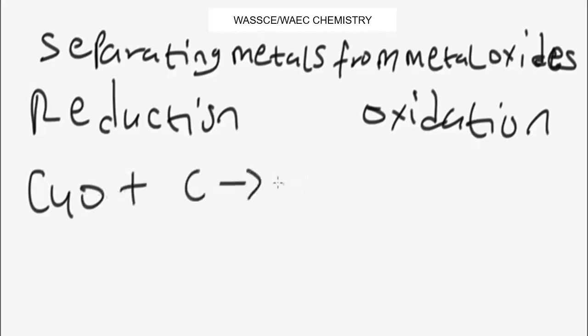Okay, so we're going to have the output to be copper atom plus carbon 4 oxide. So when copper oxide reacts with carbon, here copper oxide is reduced to copper. Okay, so this carbon reduced copper oxide to copper. All right, so this is a typical example of reduction reaction.